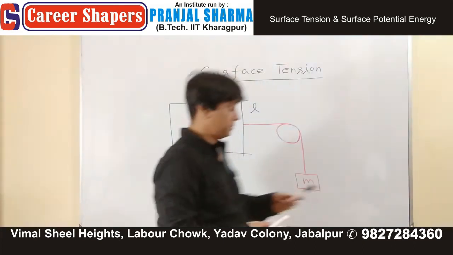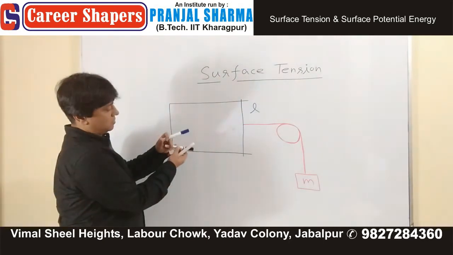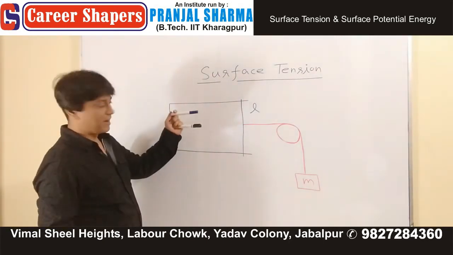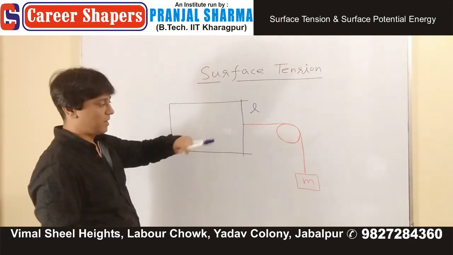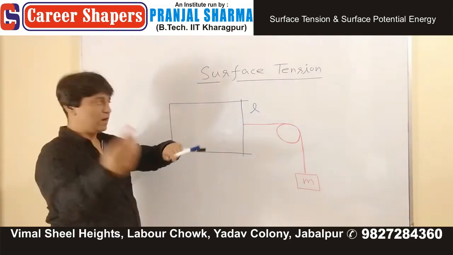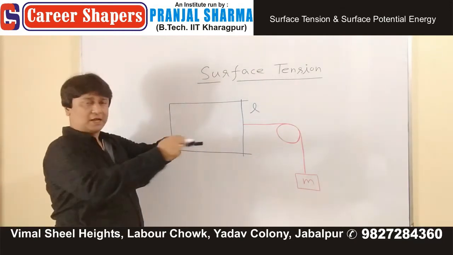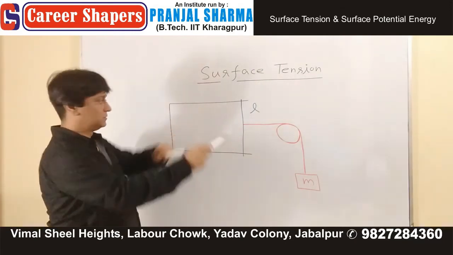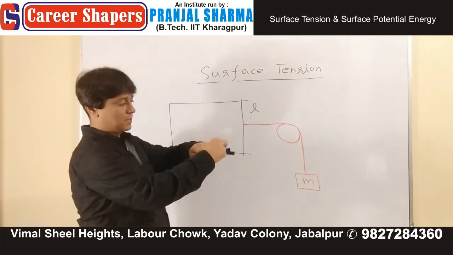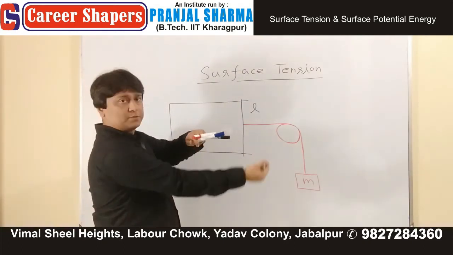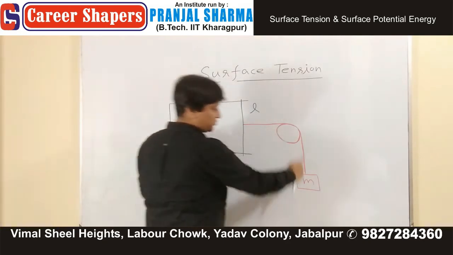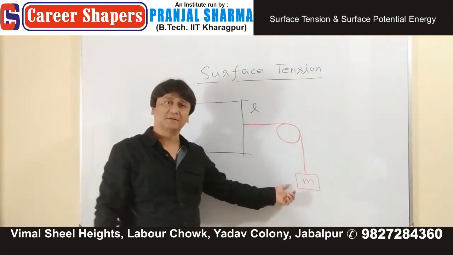Look at the setup. U-shaped wire frame in the horizontal plane, not in the vertical plane, in the horizontal plane. There is a sliding wire. It can slide along the length of the rails, and then there is a rope connected to this running over this pulley, and at the end you have a mass M hanging.